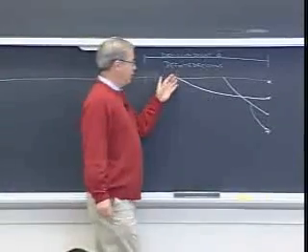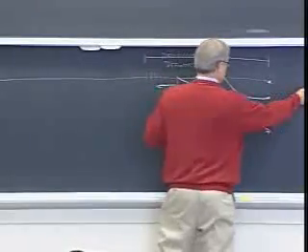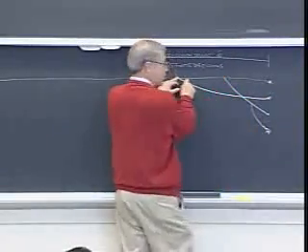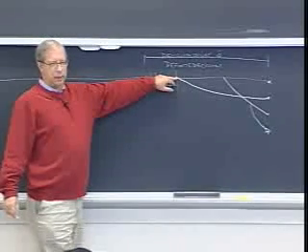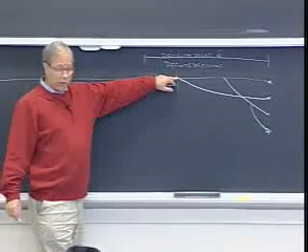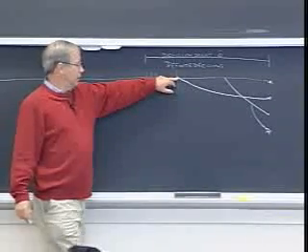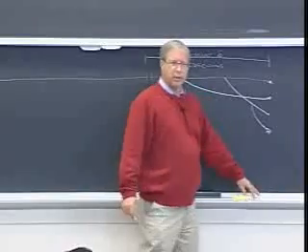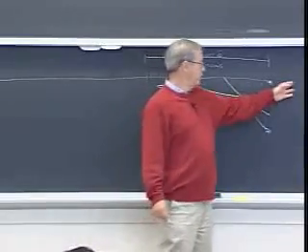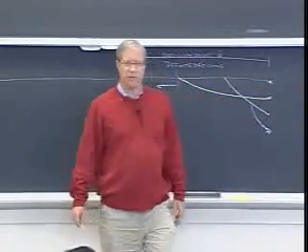Every so often it may happen that you get out to here and you still haven't made a decision. Then you have to do something. And it really doesn't matter terribly much what you do. You might pick the one that has the best metric at this time, or you simply might say, well, I'm always going to pick the one that goes to all zeros. That wouldn't be symmetric.